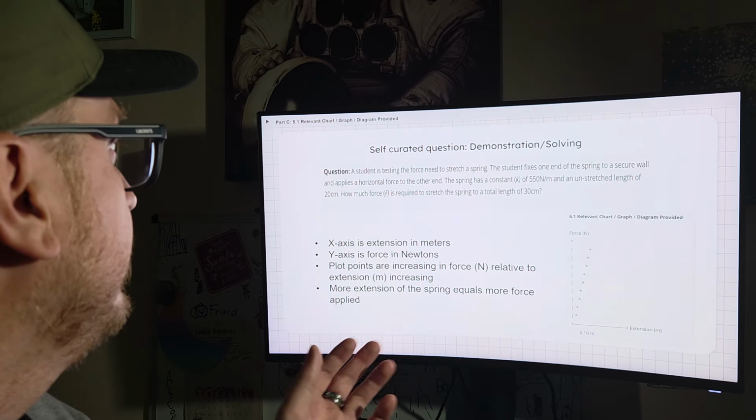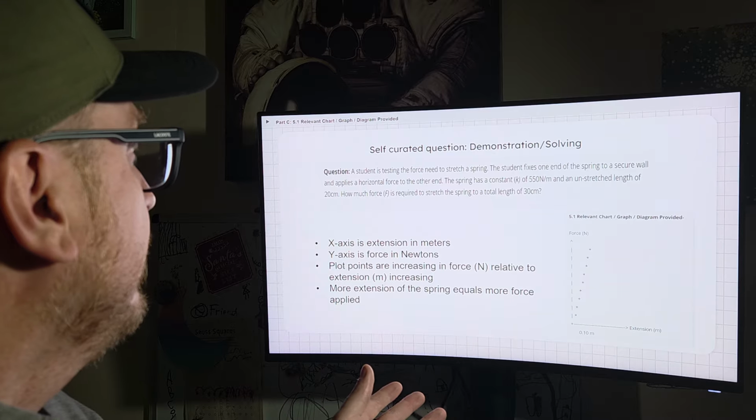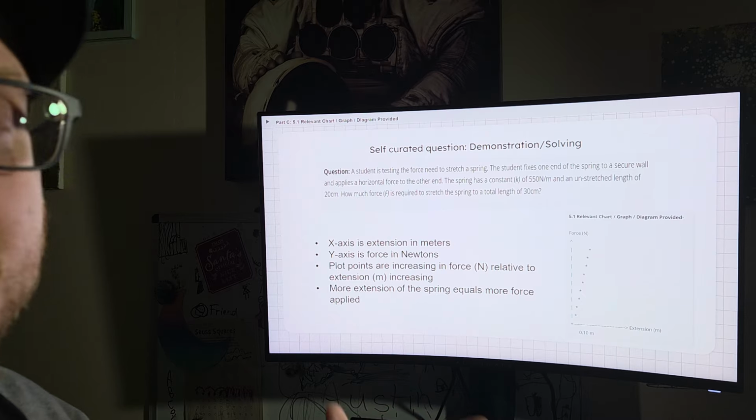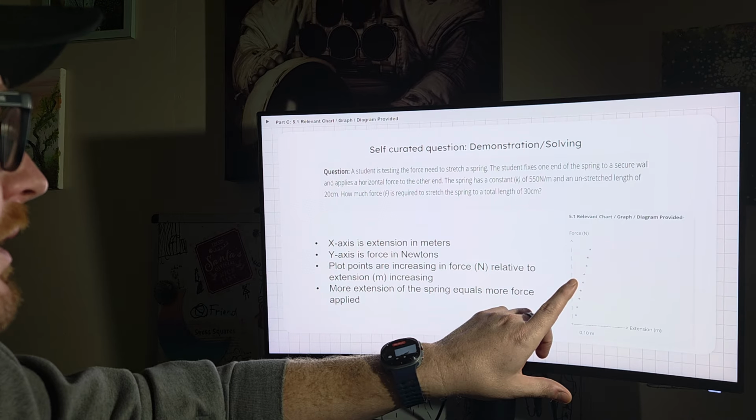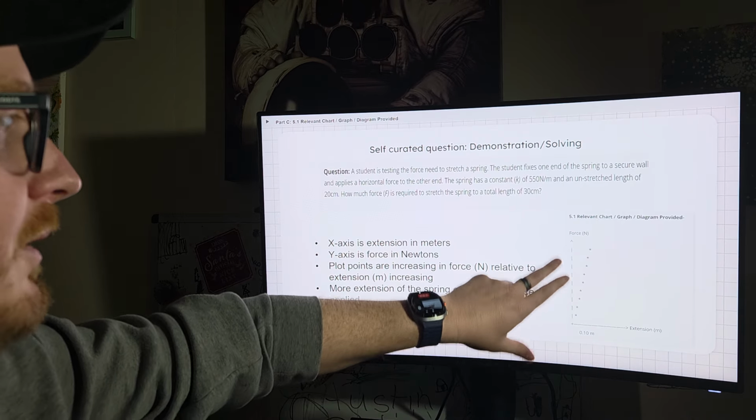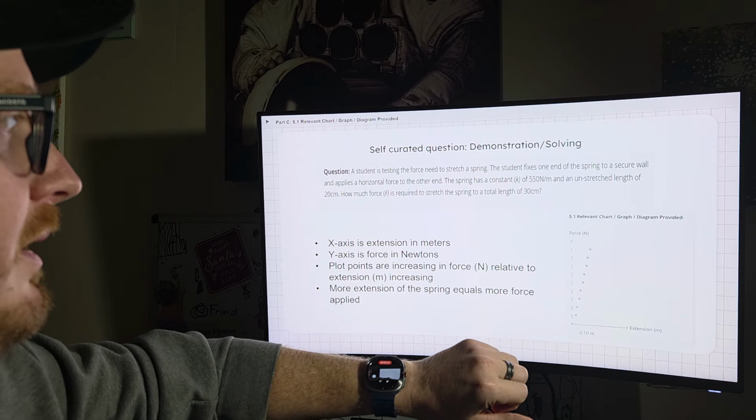Okay, so in this part C, we have a relevant chart, graph, or diagram provided to explain the question. So over here, you can see a graph that I basically made up.